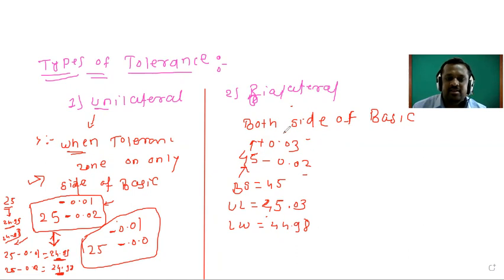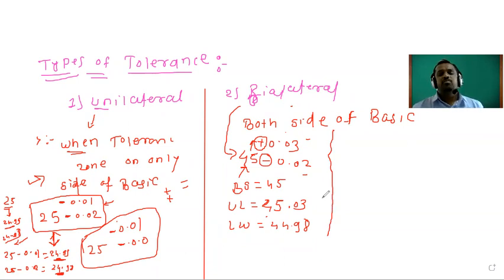In such a case the tolerance system is called the bilateral system. If you see a plus minus sign, we can call it bilateral. In unilateral it will be only plus plus or negative negative, but in bilateral it will be plus minus. Means in the bilateral system we show the sizes of the part on both sides of the basic size.